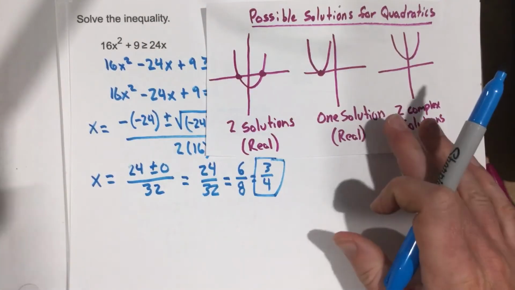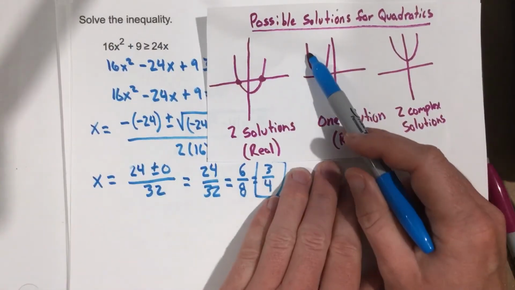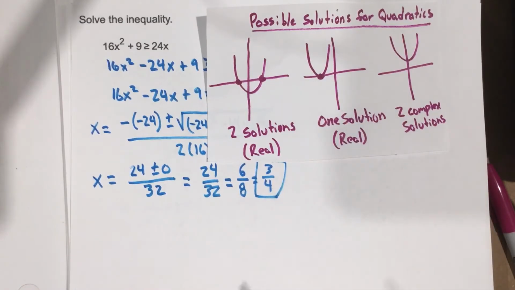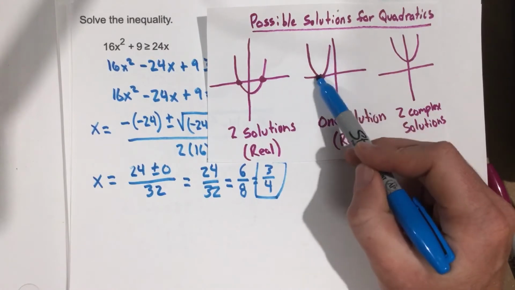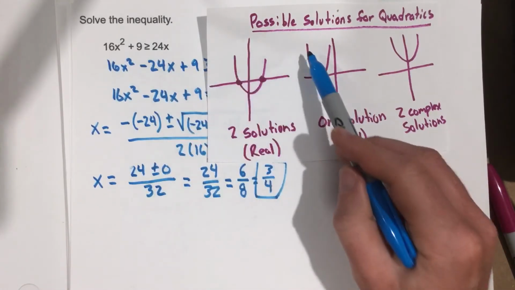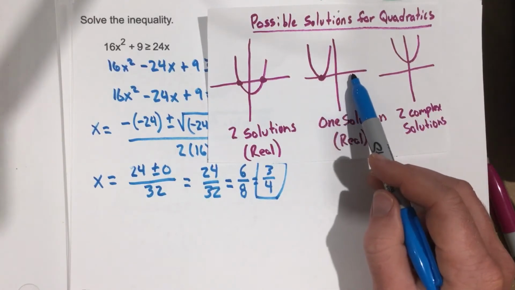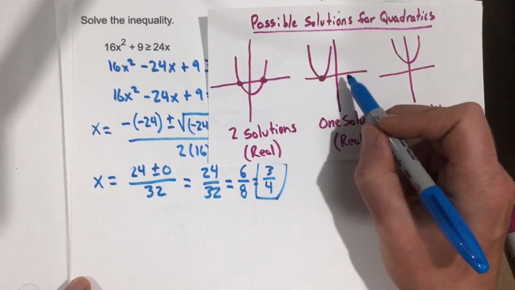Well, 1 real solution looks like a graph like this, where it touches just the x-axis 1 time. The graph of this function looks like this, somewhere along this x-axis. And it doesn't really matter where. But we know that spot is actually at 3/4, so that spot is right here.